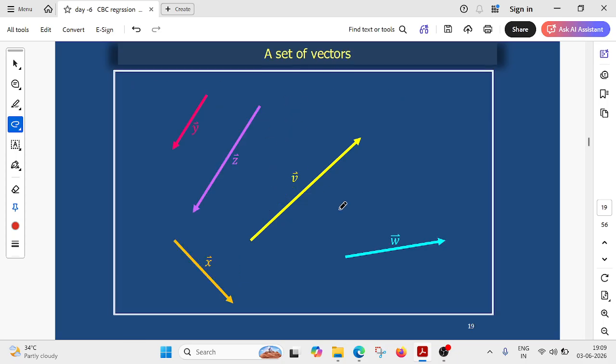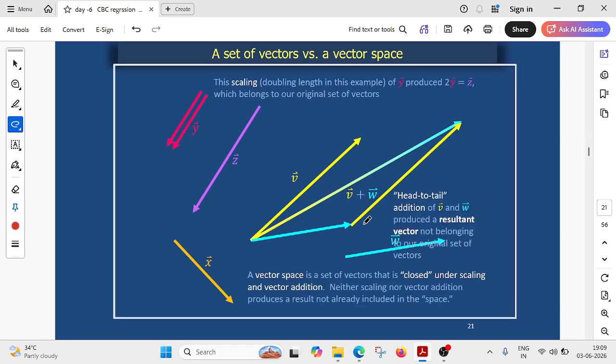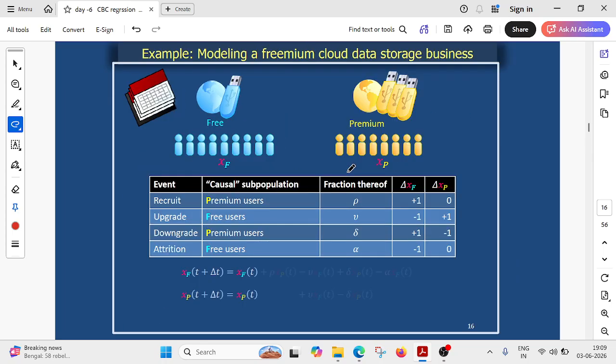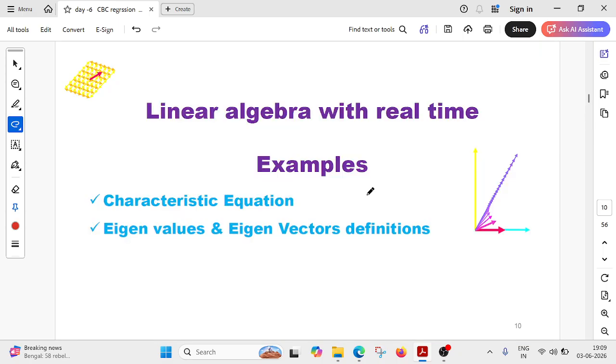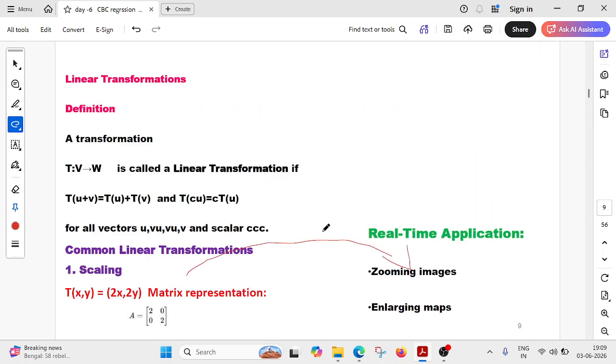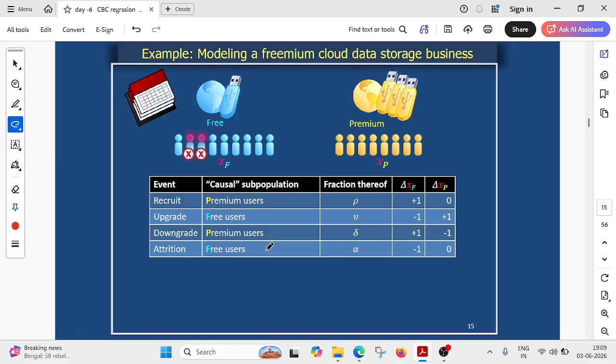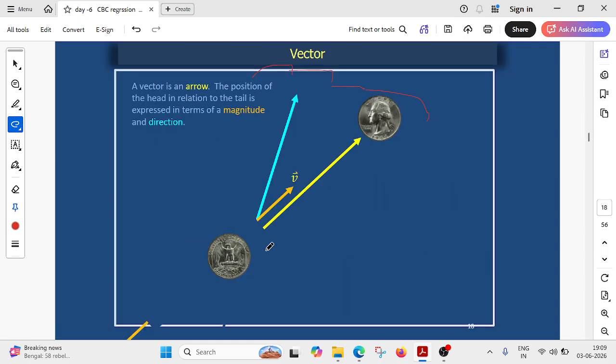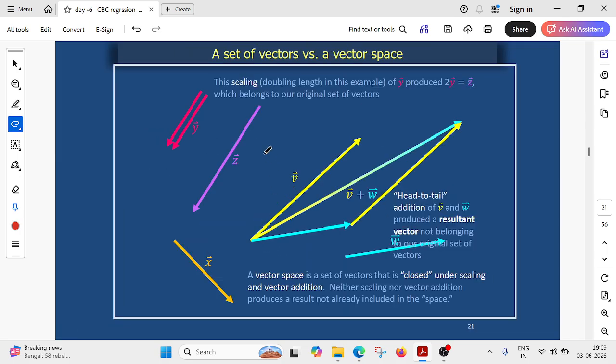Next, a set of vectors may be moving like this and coming down, so I kept different vectors in different directions here. Next, a set of vectors versus a vector space. Now we talked about scaling previously.